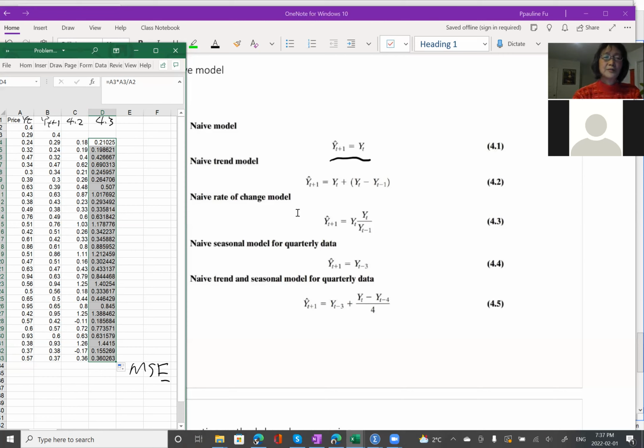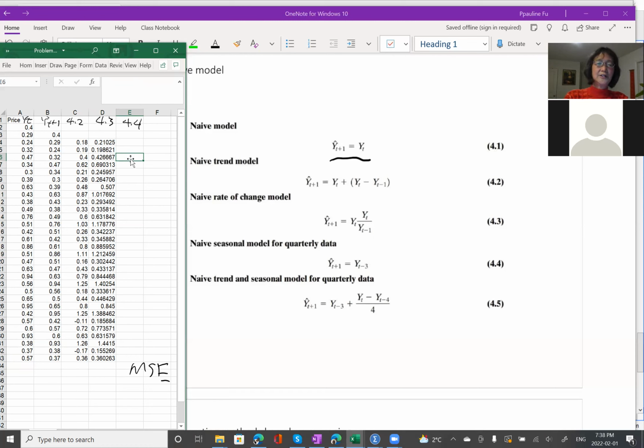Next one is 4.4. How to use formula 4.4? It means this is seasonal data. So the next value equals, 1, 2, 3, 4. This is a new start with next year. So this is quarter 1, quarter 2, quarter 3, quarter 4. Starting a new year, this is quarter 1 for the new year in cell E6.